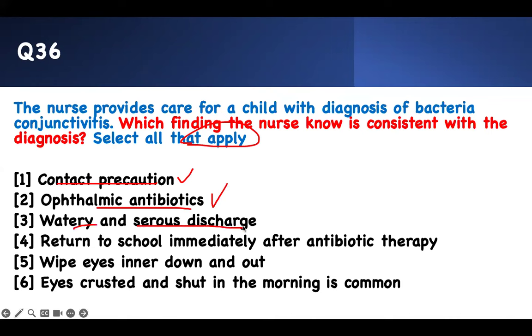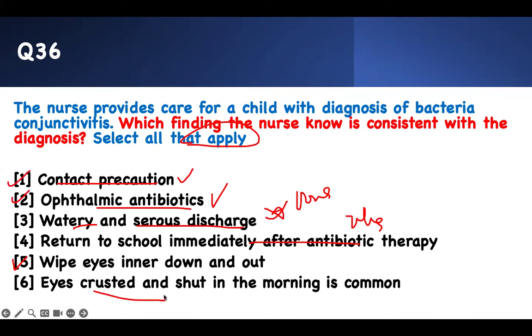Watery and serous discharge is mostly virus caused. Return to school immediately after antibiotic? You have to wait 24 hours of the antibiotic course. This is wrong. Wipe your eyes inner to outer, so that you don't infect the other eye.